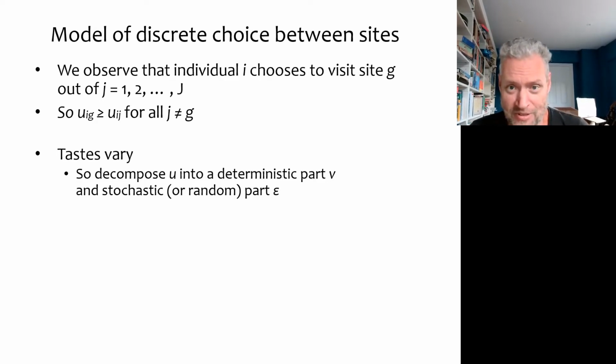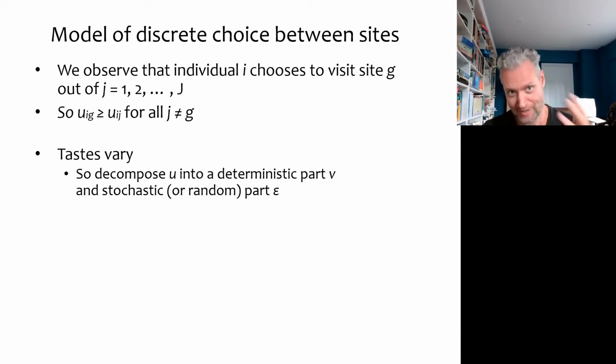Another key component in the random utility model is that tastes vary, so we decompose utility U into two parts. One, a deterministic part that depends on observables, and a second, a stochastic or random part that is idiosyncratic. And that is where the name random utility comes from.